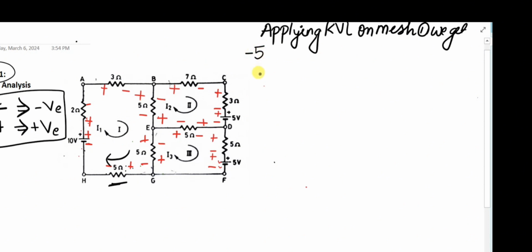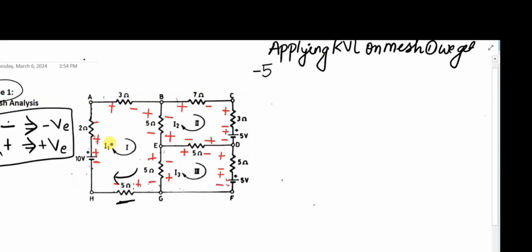But writing 5 won't be sufficient, because the sum of EMFs and voltage drops across a resistor matters. The 5 is a resistor, so the voltage drop across 5 ohm is 5 into I, and since I1 is flowing through this mesh, we will write 5I1. Once this is done, you go to this 10 volt, so that if you follow a pattern, the chances of mistakes will reduce.